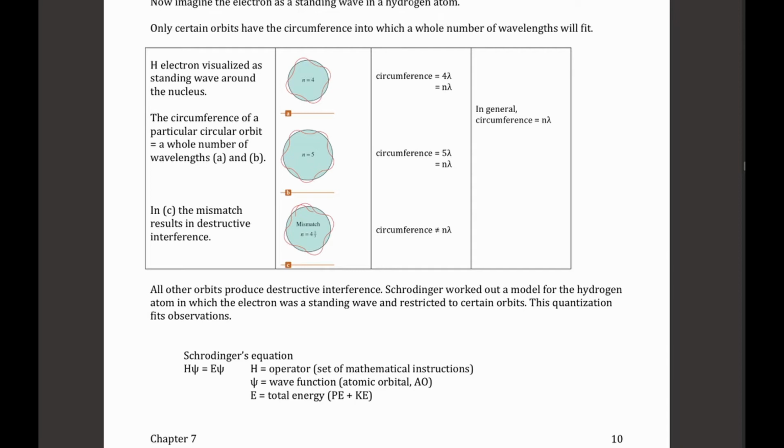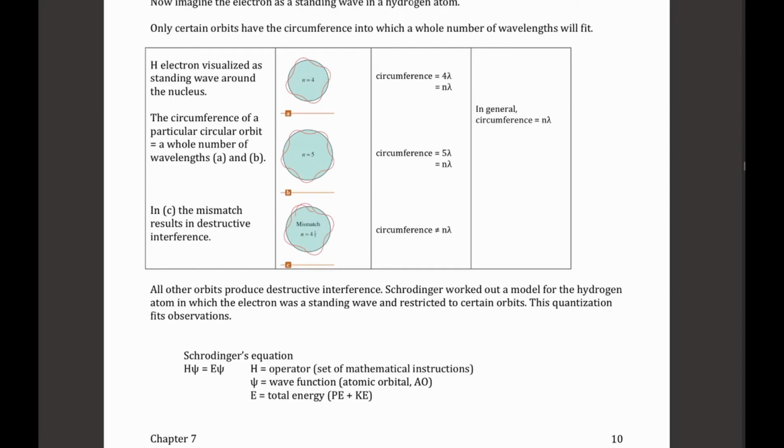Well, the same idea is true with the electron being a wave moving about the nucleus. It has to be able to be a standing wave. So it has to be at an orbit such that there's an integral number of wavelengths for it to make a complete orbit around the nucleus.